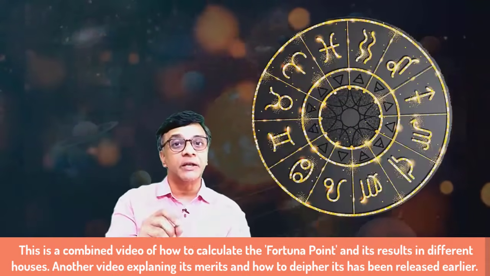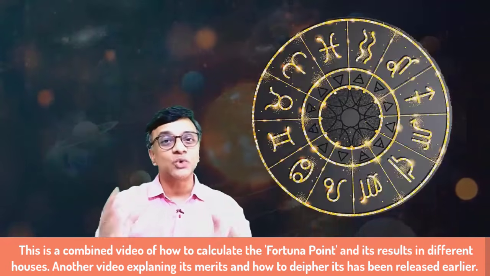What is the Fortuna point? The Fortuna point is the addition of the degrees between the ascendant, the Lagna degrees, and the moon's degrees, and then you subtract the sun's degrees from that total sum.